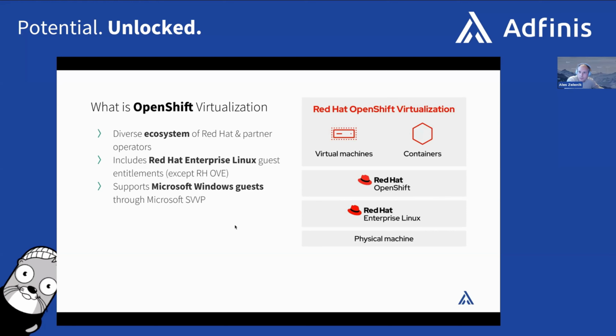If you are using virtual machines and you have a Red Hat OpenShift Container Platform license or a license for Kubernetes Engine or higher, then you also have entitlement for running Red Hat Enterprise Linux as a guest included. This means that if you start moving virtual machines that are already using Red Hat Enterprise Linux from your existing platform to OpenShift, you don't need to have a separate license entitlement for them.